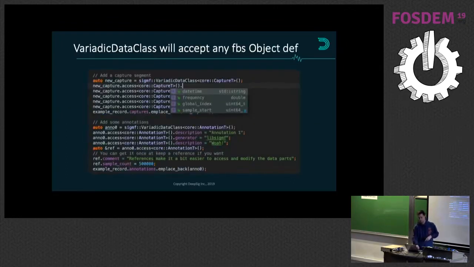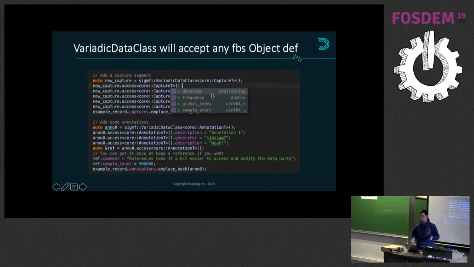So the way this works in practice is you create this variadic data class and say, I want a capture type. So this capture T is what's output from flatbuffers, or flatc. Once you do that, you have this new object that is parameterized, and you can access all of the parameters inside that template using this access method. And so you get code completion in nice IDEs and editors.